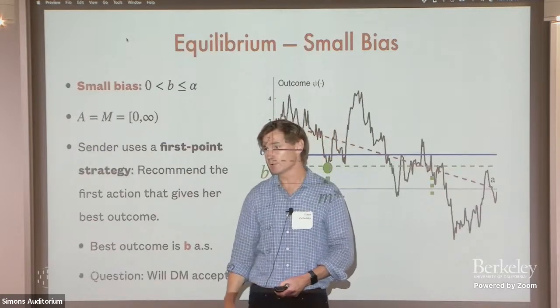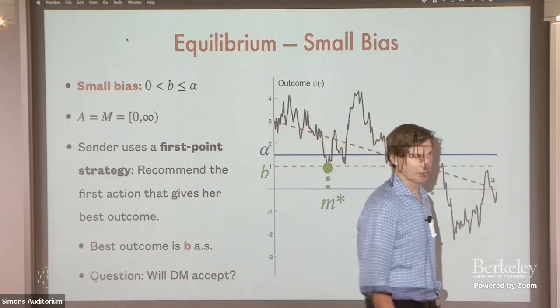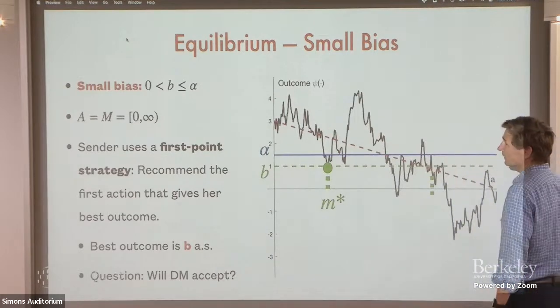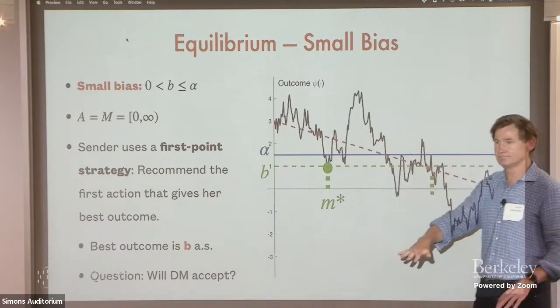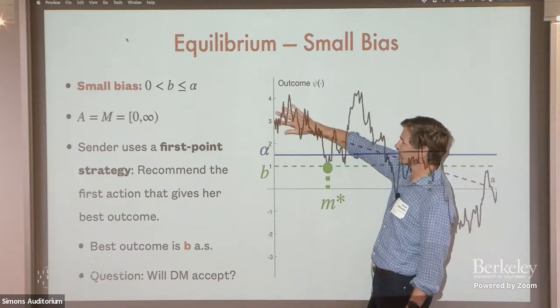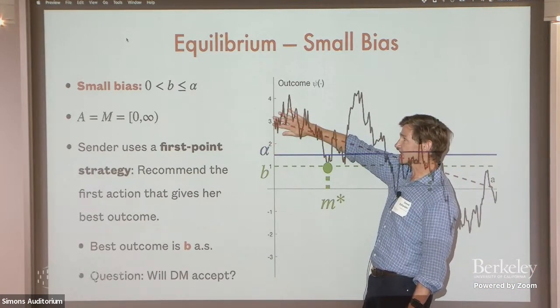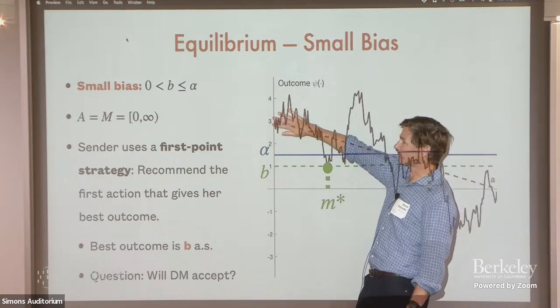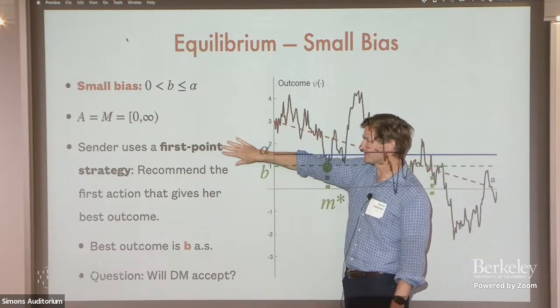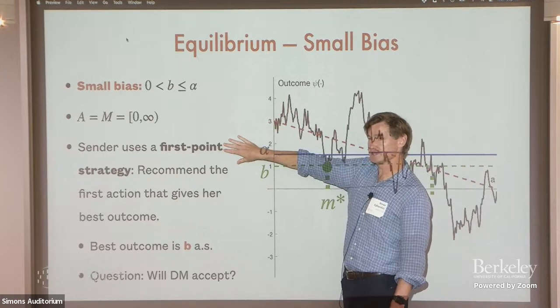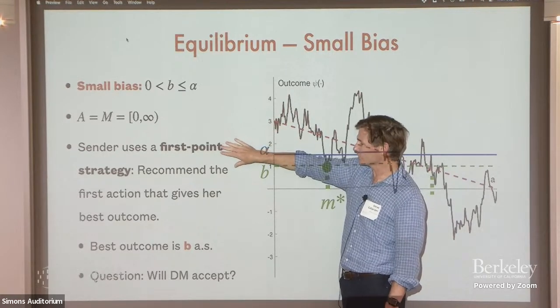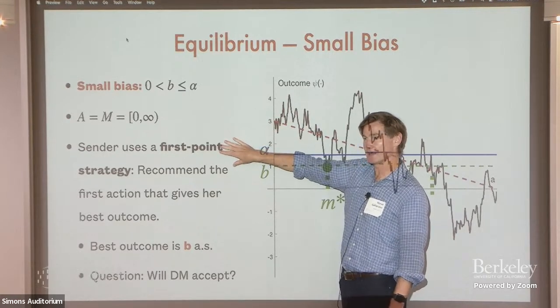Right, so now let me tell you what happens when there is an expert, and can we have expert advice? I'm just going to deal with the case where the status quo point is beyond alpha. And I'm going to study a strategy that we call a first point strategy. The sender uses a first point strategy means she recommends the first action that gives her best outcome.